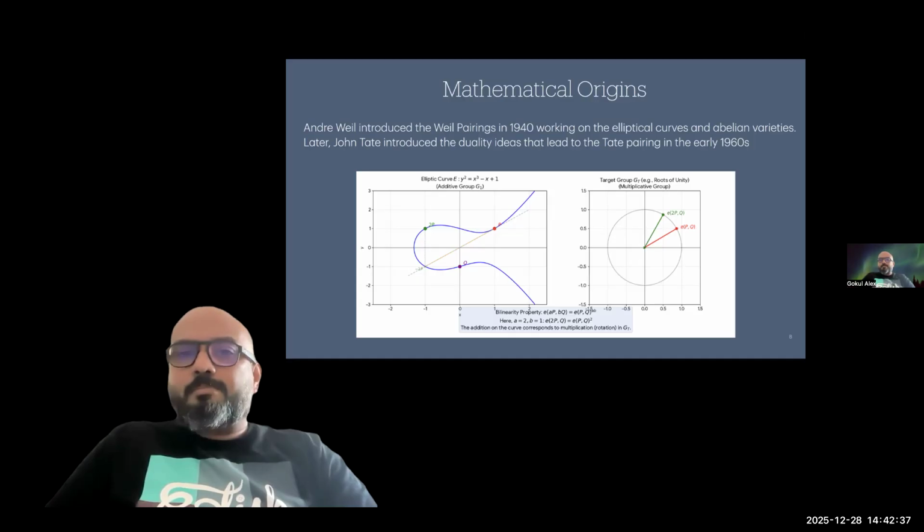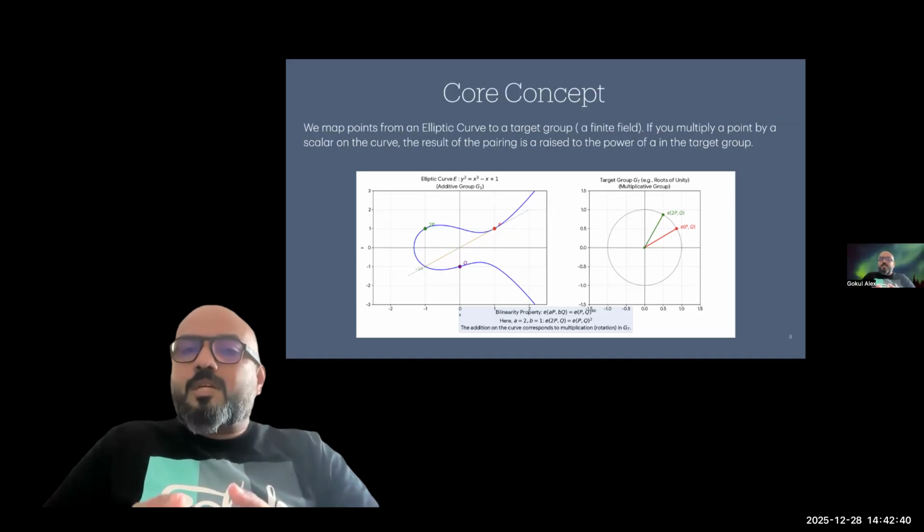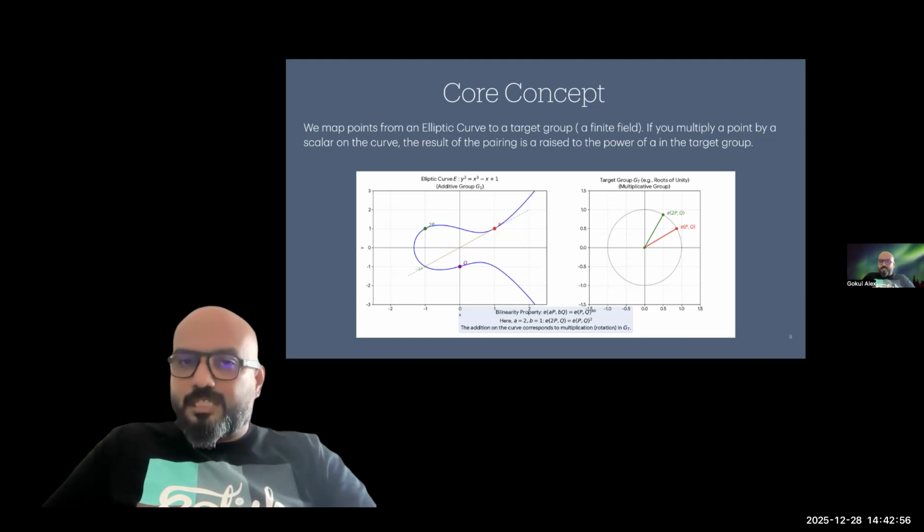So what are these pairings? The core concept of this pairing is that we need to map points from an elliptic curve to a target group. If you multiply a point on an elliptic curve by a scalar, the result of the pairing is raised to the power of that scalar in the target group. This is the core concept.